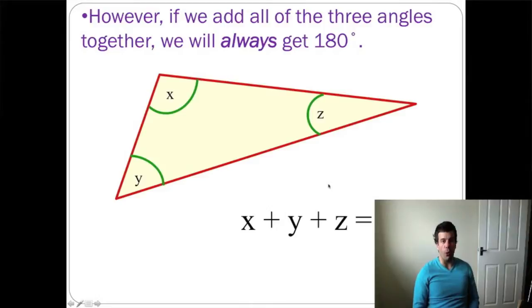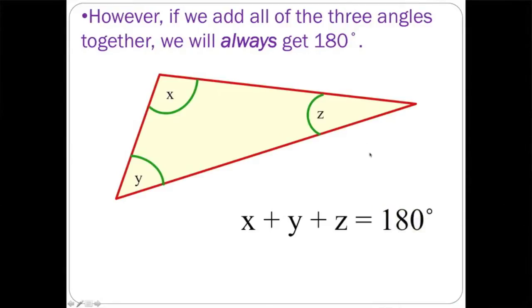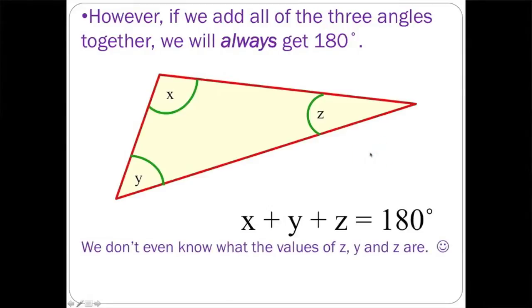We should all know or remember that if we add up all 3 angles inside a triangle, the total of the angles will always be 180 degrees. And that's irrelevant of what the 3 angles measure to be independently. We do not even know what the sizes of angles X, Y and Z are.